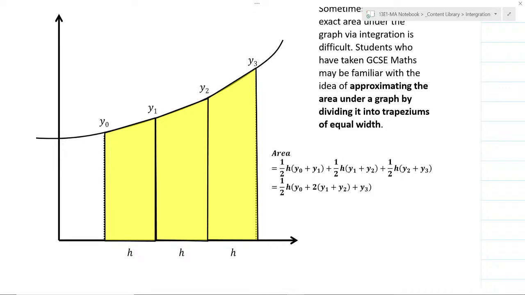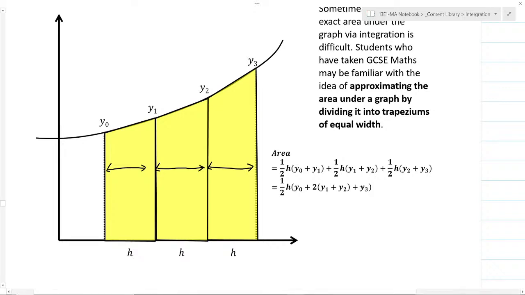Don't worry about writing that down just yet, because that's not the formula. This is basically proving the formula. What they've done is split it up into equal widths of length h. They call that h because that's the height of the trapezium. Your a and b of the trapezium are the y values as the curve changes.